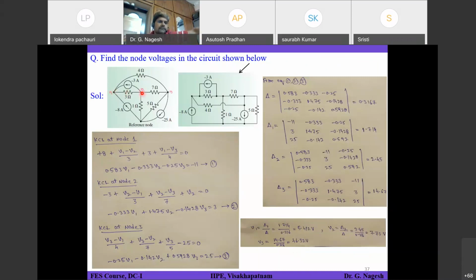In the other way, plus 0.7 is the current flowing from node 2 to node 1. Understood? Is it clear?